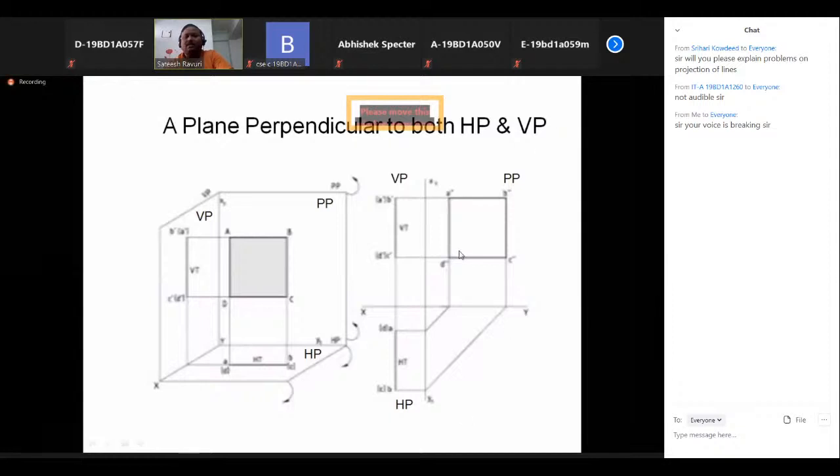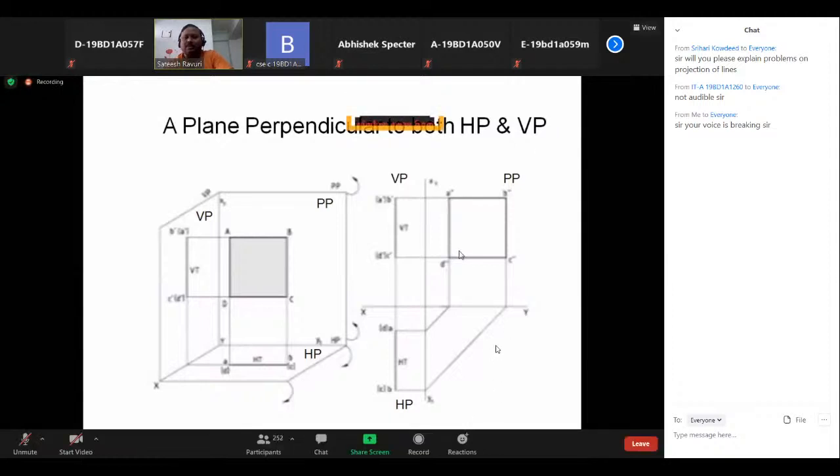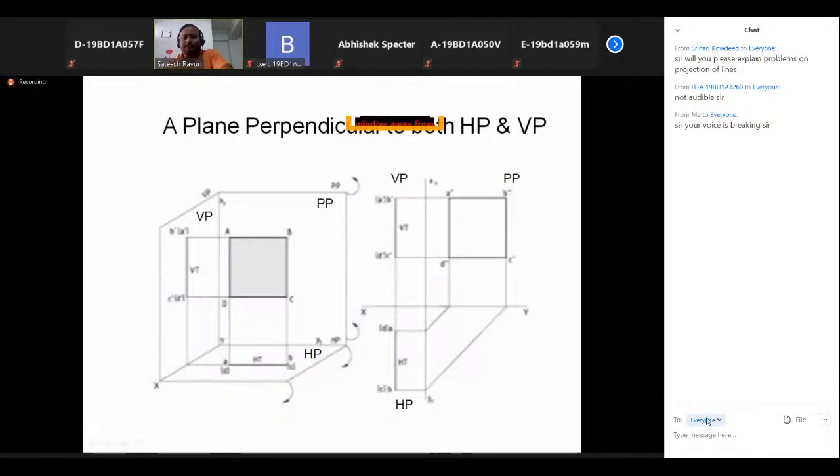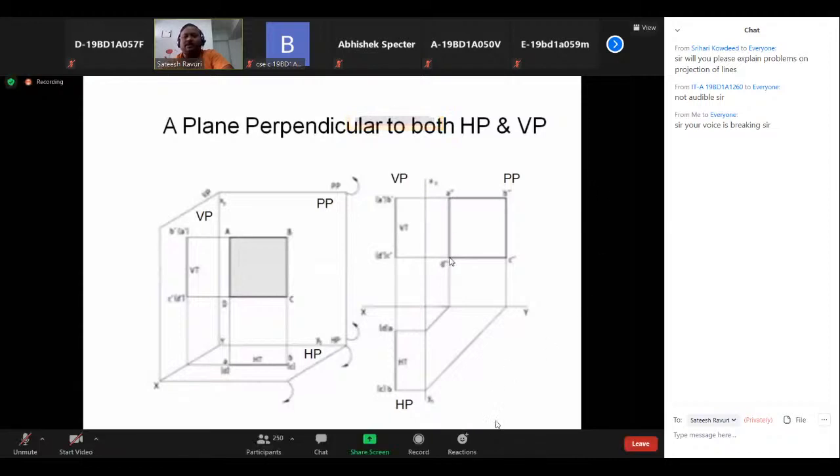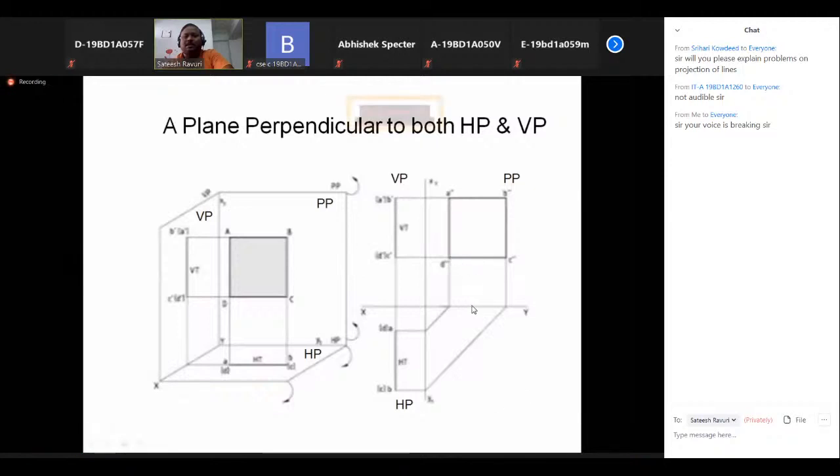Firstly, we have to draw the true shape of the square on the profile plane. While drawing it, the bottom edge should be 30 mm above. So 30 mm above, you draw one line of 40 mm, and its adjacent side is 15 mm in front of VP, so this interval should be 15 mm. This interval is 30 mm and this interval should be 15 mm.